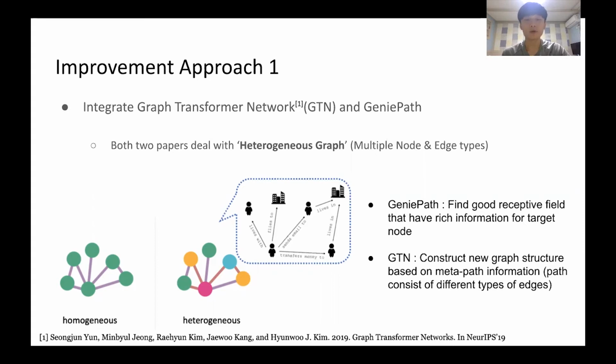So we focused on the second idea, integrating the concept of a recently proposed model, named graph transformer networks, which achieves state-of-the-art performance on heterogeneous graph datasets.